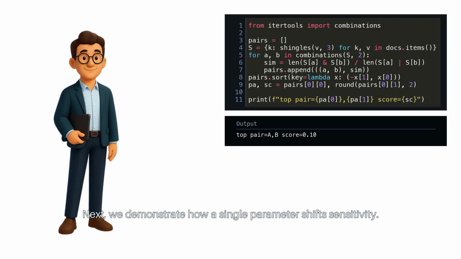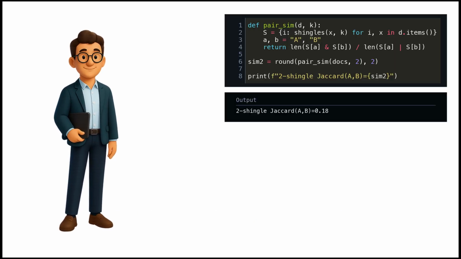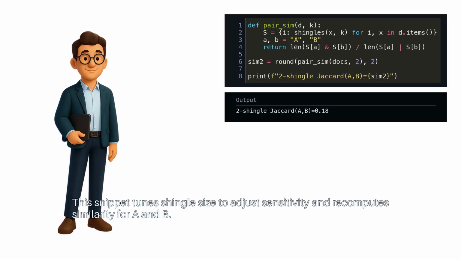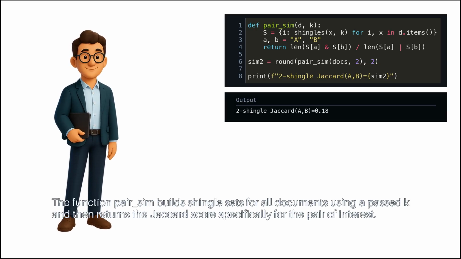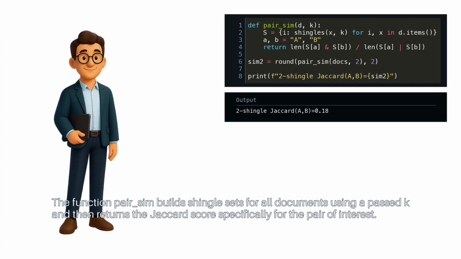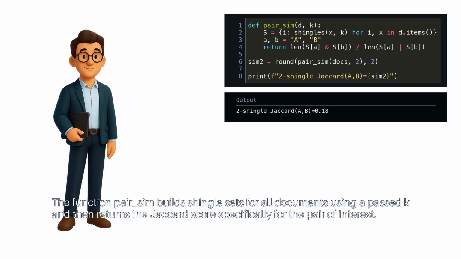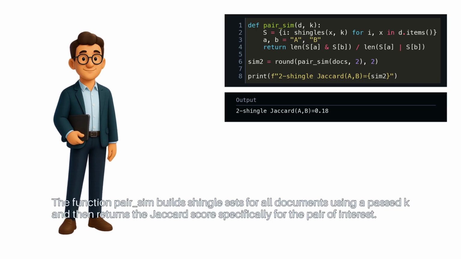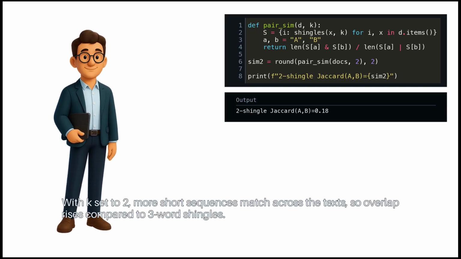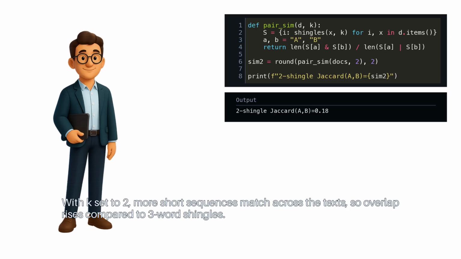Next, we demonstrate how a single parameter shifts sensitivity. This snippet tunes shingle size to adjust sensitivity and recomputes similarity for A and B. The function pairSim builds shingle sets for all documents using a passed k, and then returns the Jaccard score specifically for the pair of interest. With k set to 2, more short sequences match across the texts, so overlap rises compared to 3-word shingles.